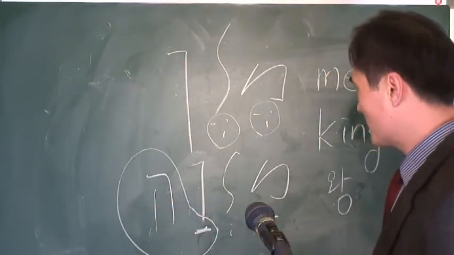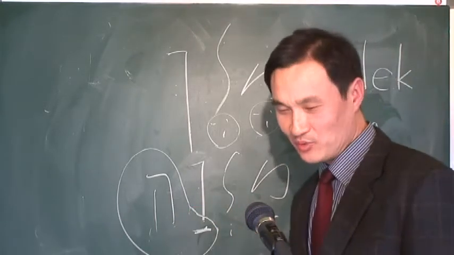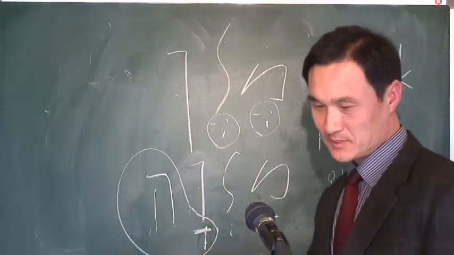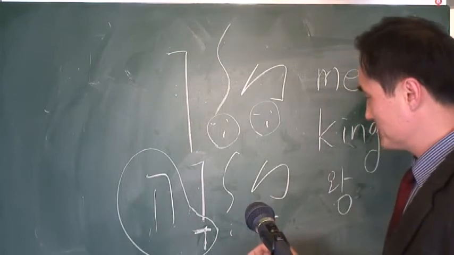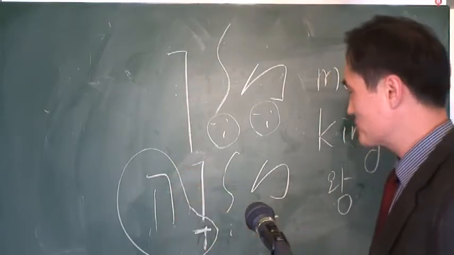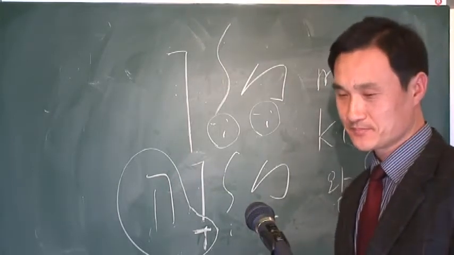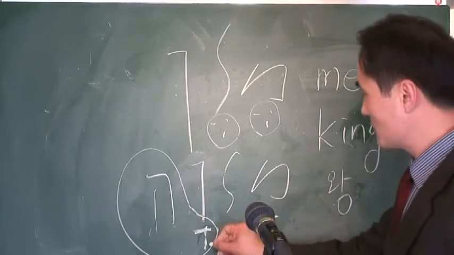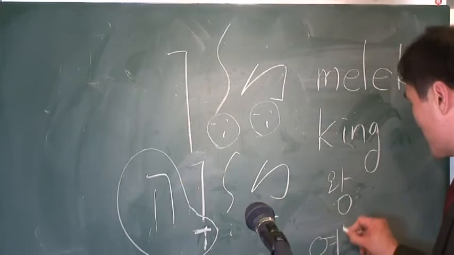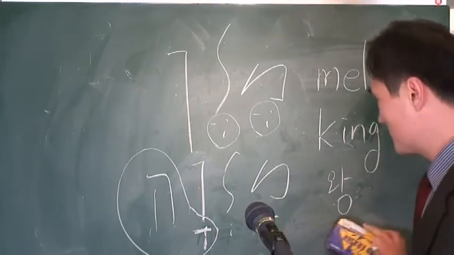In the last part, the vowel kamets and he are put together. This means queen.